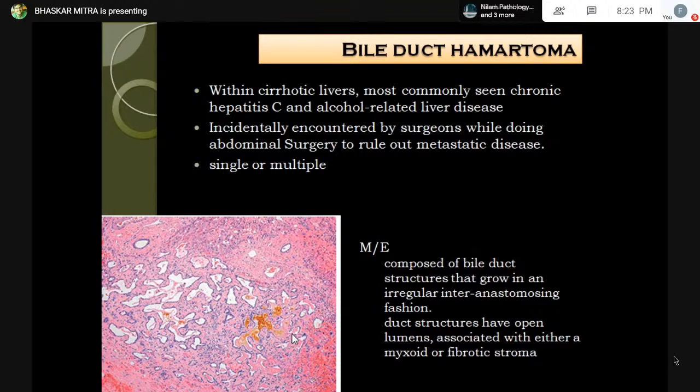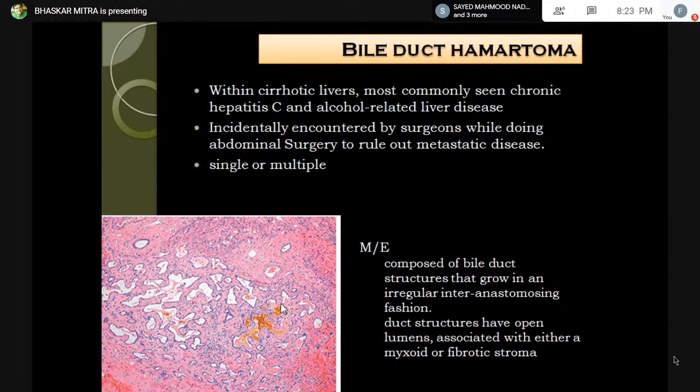They may occur in the cirrhotic liver. Incidentally, the surgeons remove them as a metastatic nodule. They consider there is a single or multiple nodule in the liver. They remove it as a metastatic focus in conjunction with some other carcinomas. In the histomorphology, we find these ductules, benign looking cellular lining, open lumen containing bile. These are the bile duct hamartomas.